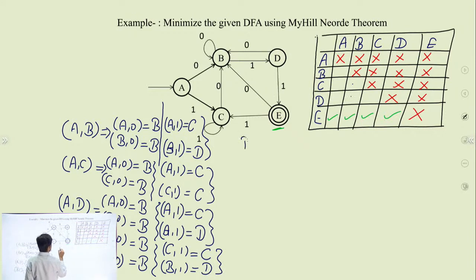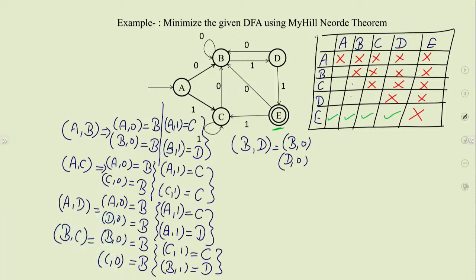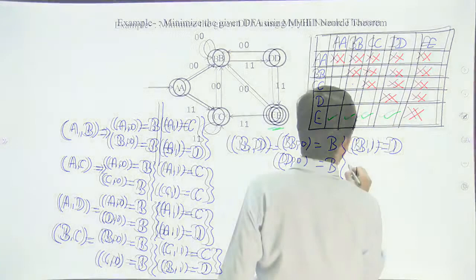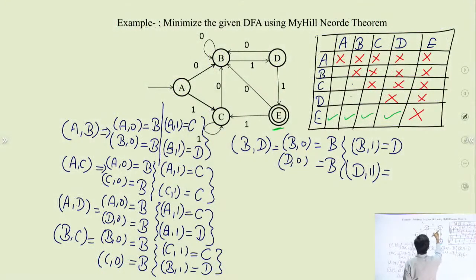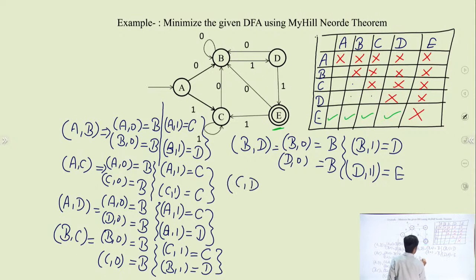Next is BD. Let's see the pair BD. B on 0, D on 0: B goes to B, and D on 0 goes to B only. Similarly B on 1 goes to D, and D on 1 goes to E. Next pair is CD.